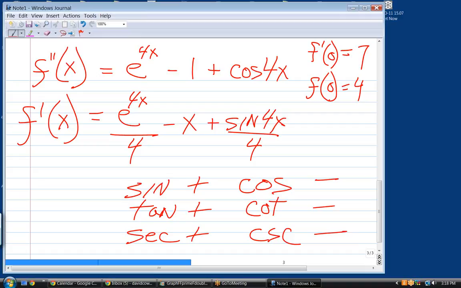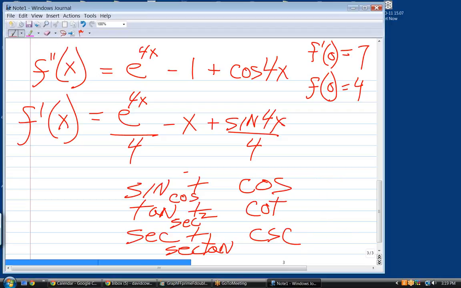So if you're trying to find the derivative of a cosine, it's always negative. Here's the best way to do it. The derivative of this is the cofunction, right? The derivative of sine is cosine. Here, let's just write that. The derivative of tangent is secant squared. The derivative of secant is secant tangent. Now, as long as you memorize those three, these three are the cofunctions of every one of those.